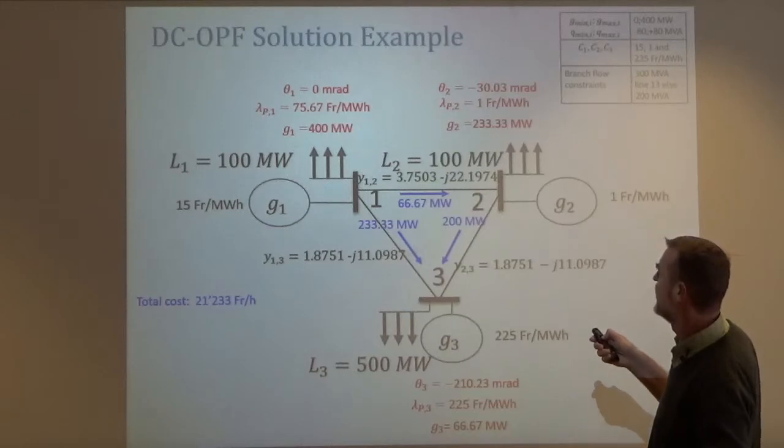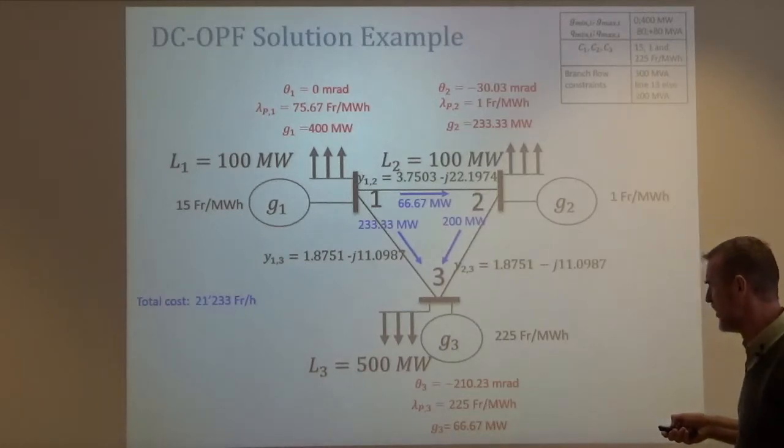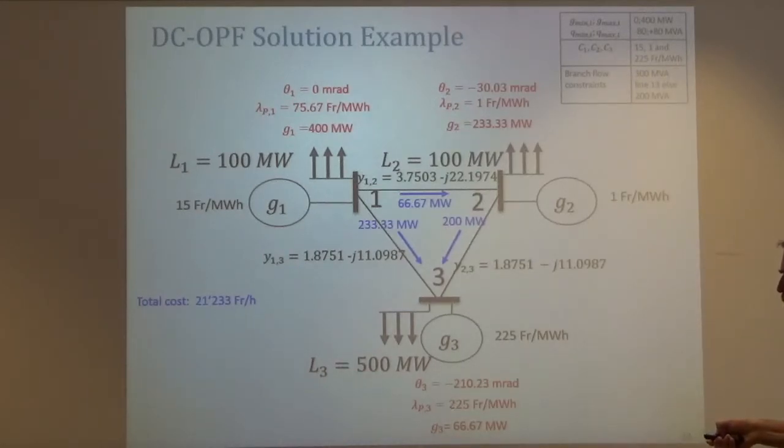We still find that the marginal prices are not very different. Now, the marginal prices ignore losses, so they are here exactly equal to the marginal cost of operation, which was not the case before.